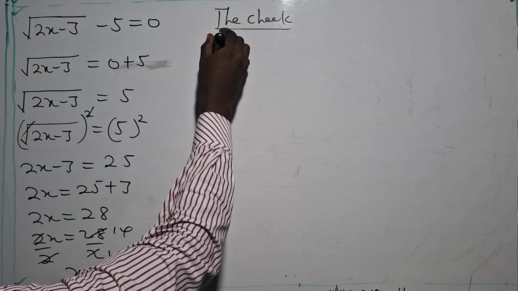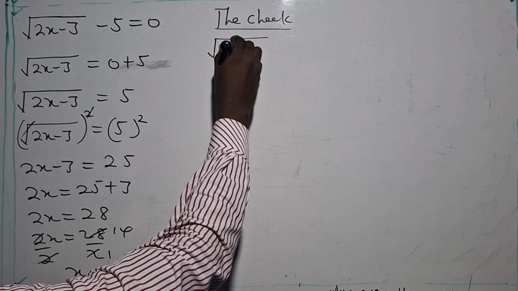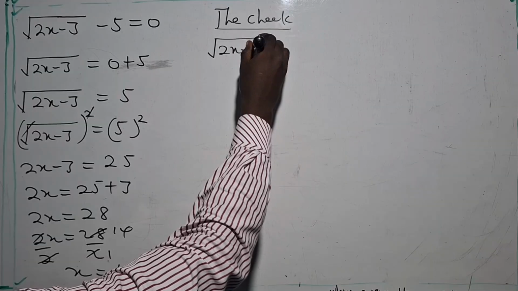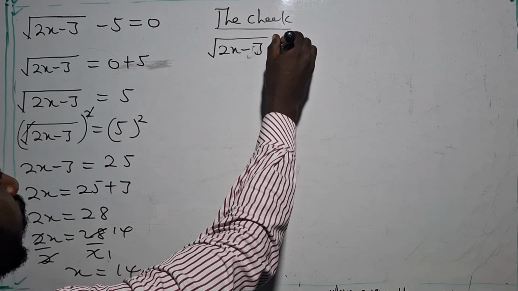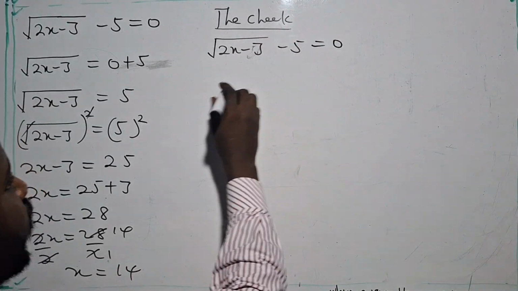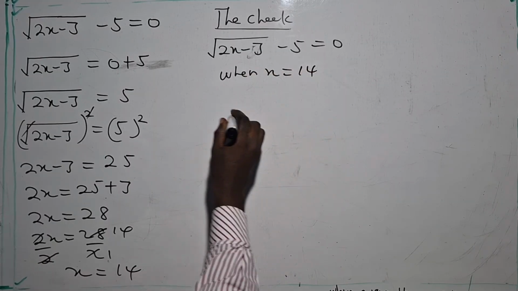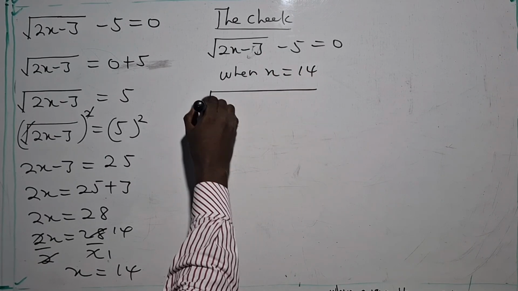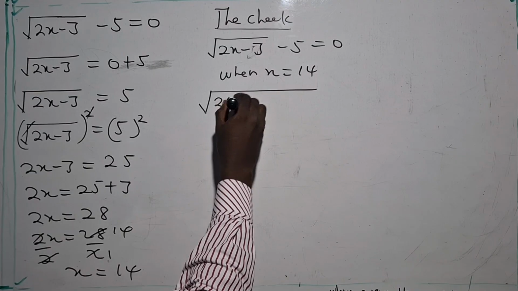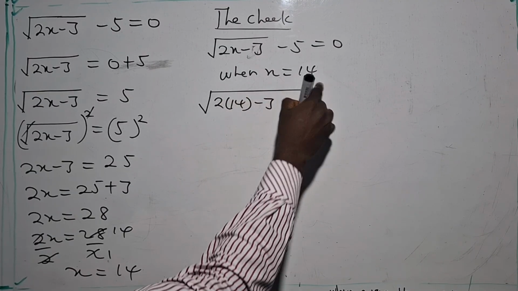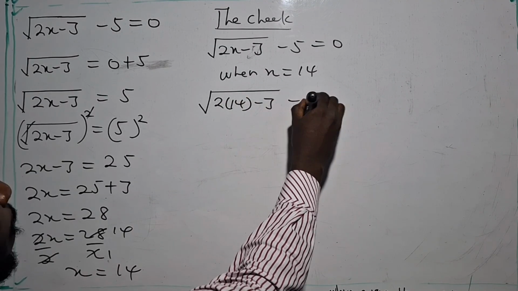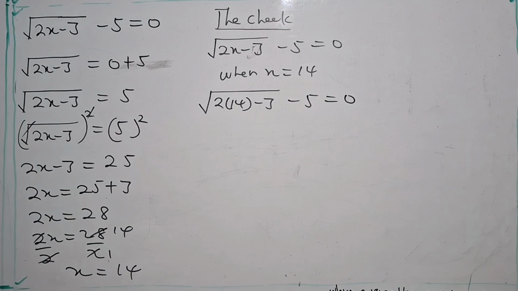The check, what was the equation? The square root of 2x minus 3 minus 5 is equal to 0, so here x is equal to 14. So we have the square root of 2 times 14 minus 3, minus 5 is equal to 0.